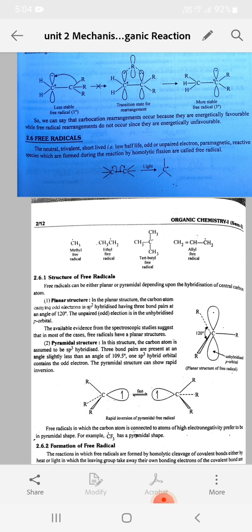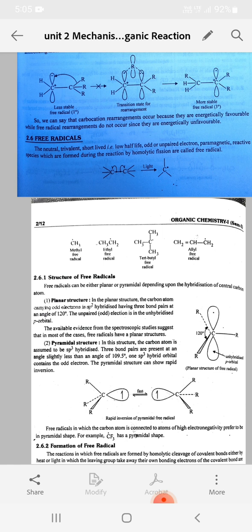Second, pyramidal structure. In this structure, the carbon atom is assumed to be sp3 hybridized. 3 bond pairs are present at an angle slightly less than 109.5 degrees, and one sp3 hybridized orbital contains the odd electron. The pyramidal structure can show rapid inversion.